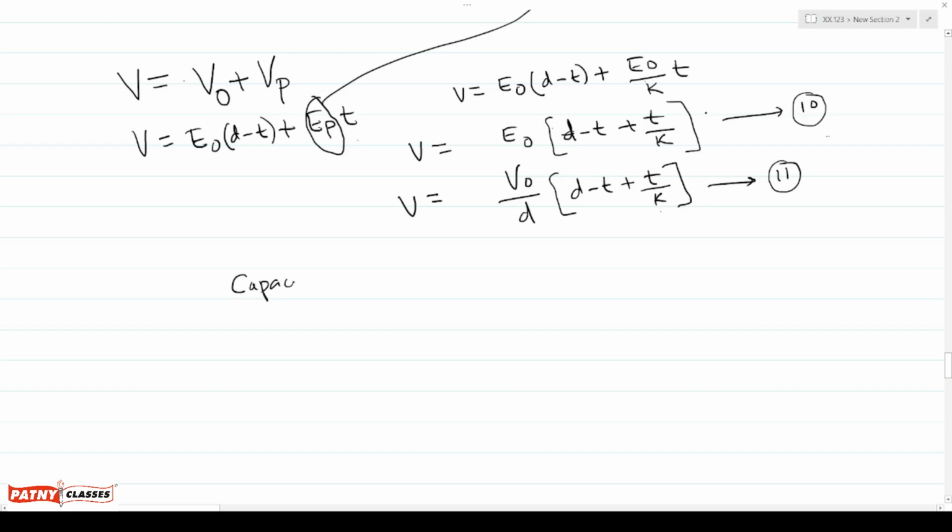Now, the capacitance with dielectric, let us call it Cp. Cp equals total charge upon potential.